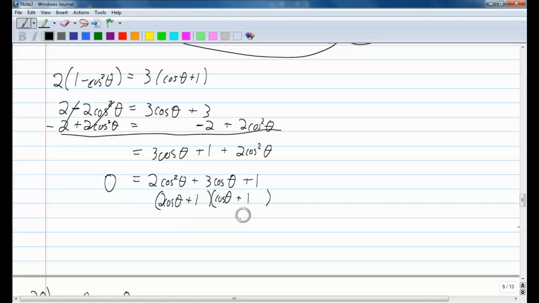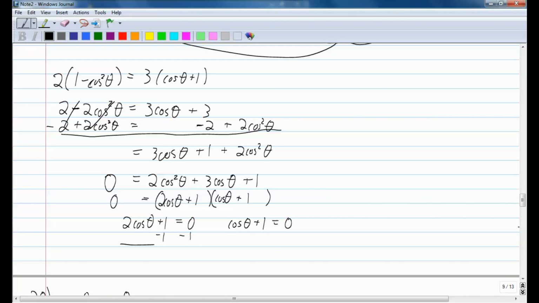That will give you 2 cosine theta. Multiply the inner terms. That will give you 1 cosine theta. And 1 plus 2 is 3 cosine theta. Okay? And that's equal to 0. So set each factor equal to 0 now and solve. It's called the zero product principle.